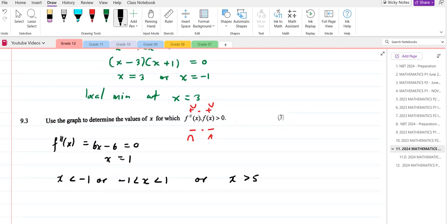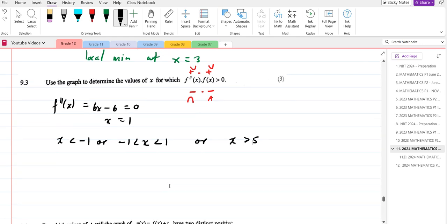Now let's see if you get the same answer if we solve this algebraically. We know what f double prime x is, 6x minus 6, right? Remember, f double prime times f is greater than 0. What is f? F is x plus 1 all squared into x minus 5, right?